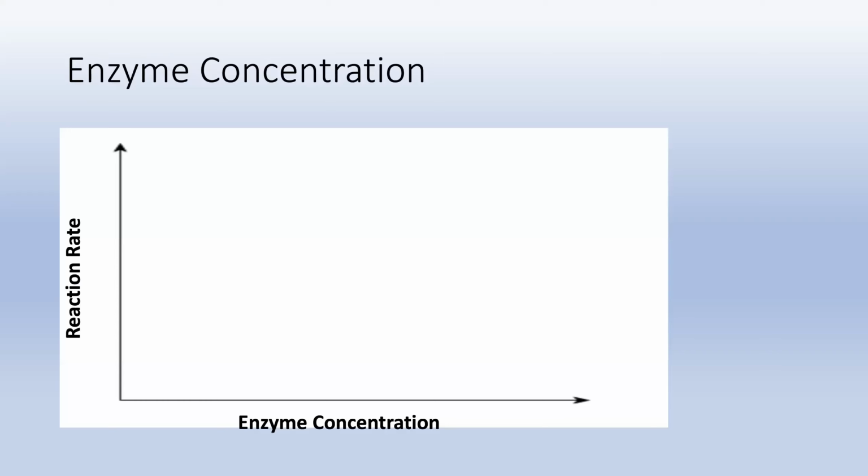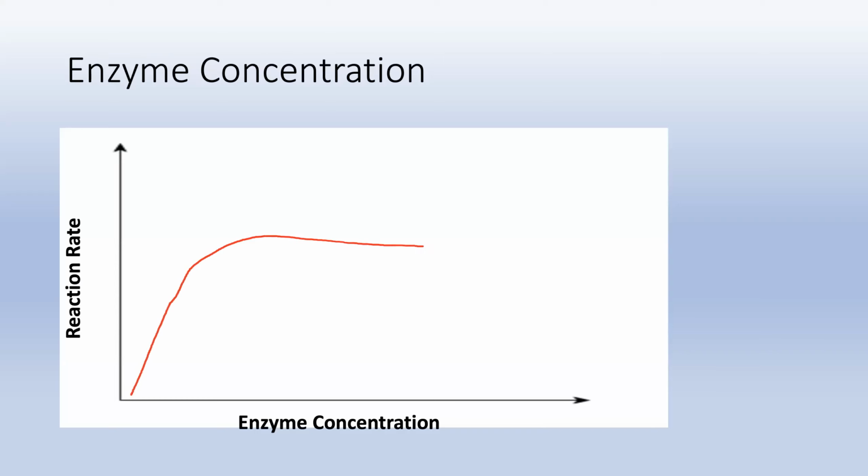So starting with enzyme concentration, if we look at our graph here, we have reaction rate on our y-axis and enzyme concentration down here on our x-axis. And the idea is if you increase your enzyme concentration, you're also going to increase your reaction rate.